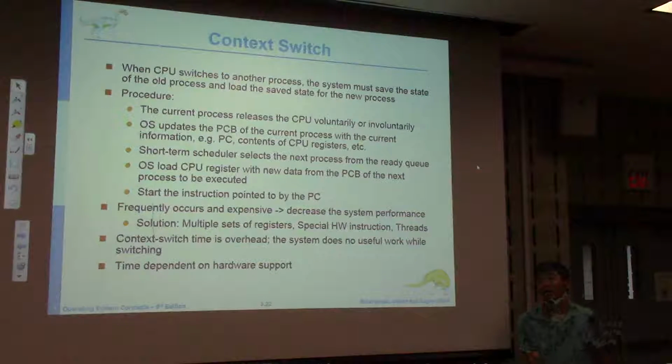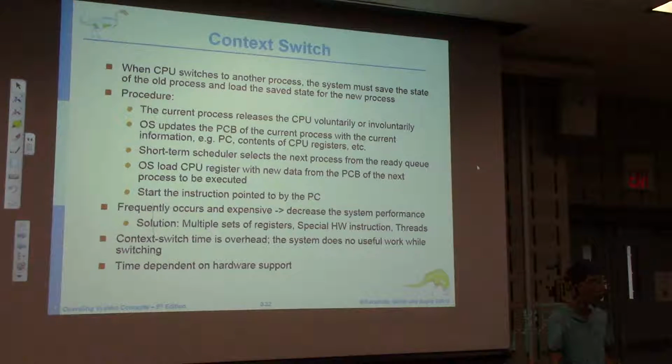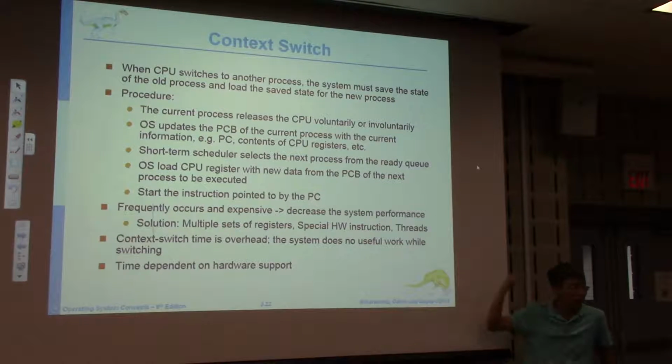Other operating system functions, such as the CPU scheduler, will take care only of the PCB for each process. So the OS updates the information about the process in the PCB.